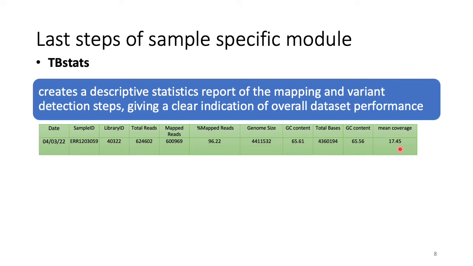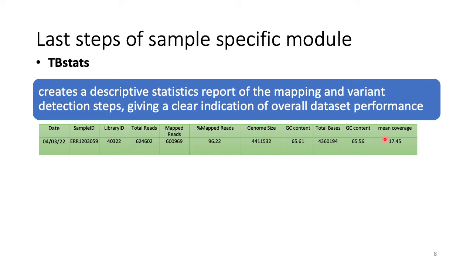That is not a good coverage, so this sample should be resequenced. As you remember from the previous webinars, a mean coverage of 50 is very good, 30 to 40 is acceptable, 20 to 30 is bad, and below 20 is ugly.